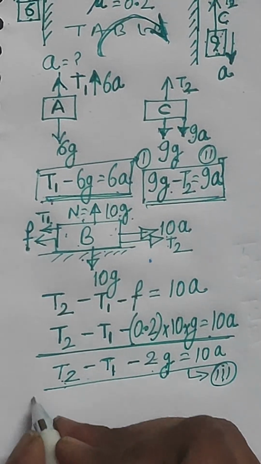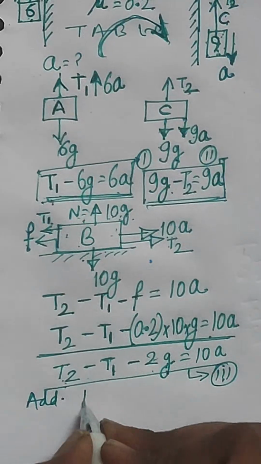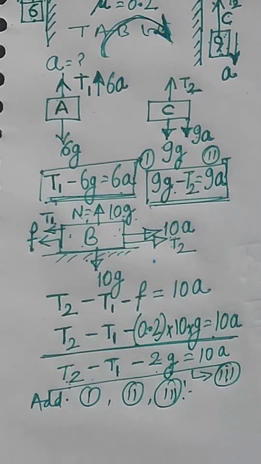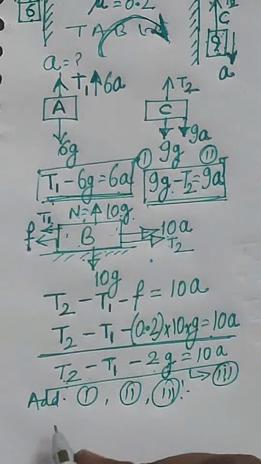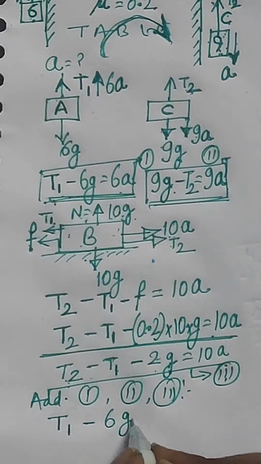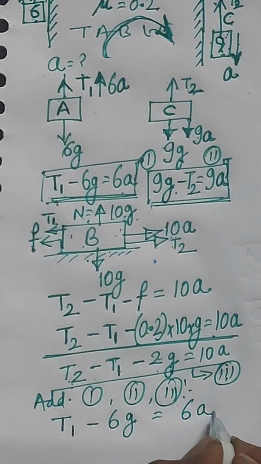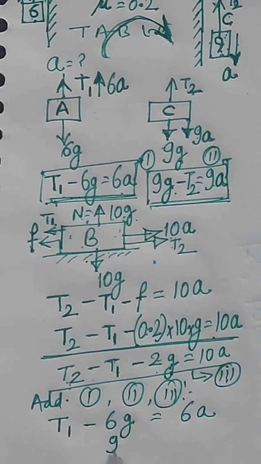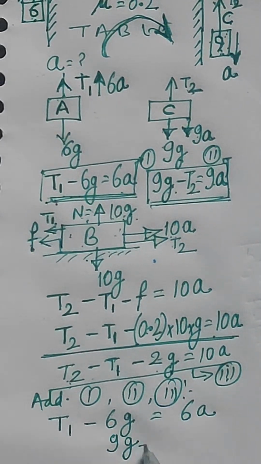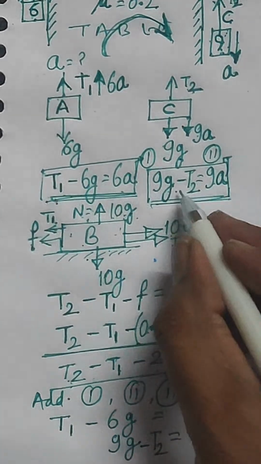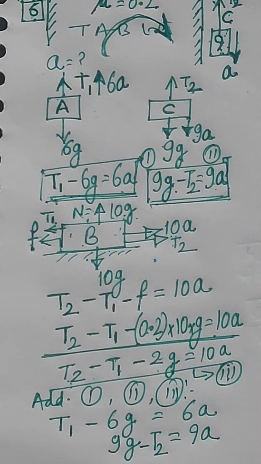So just add equation 1, equation 2, and equation 3. When you add equations 1, 2 and 3, then LHS will be added to LHS and RHS will be added to RHS. 9g minus T2 is equal to 9a. This is equation number 2, which I put over here.